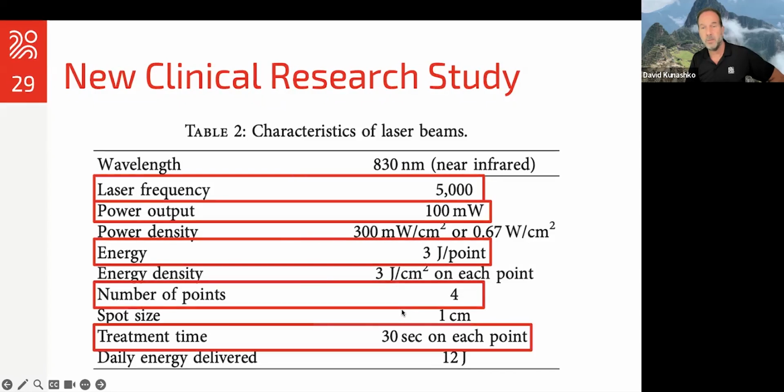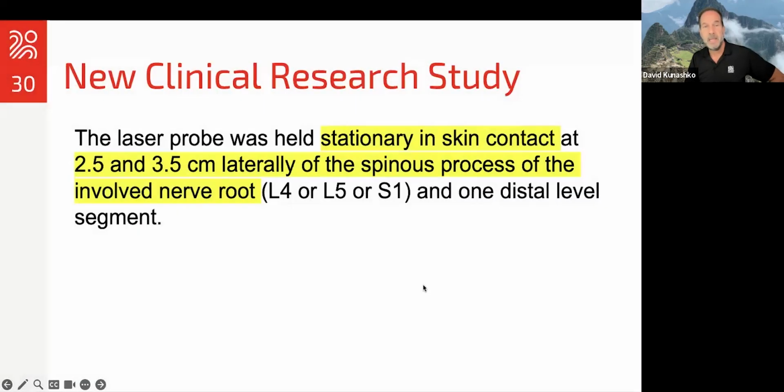Let's quickly go through that. The laser probe was held stationary on skin contact. Again, another super important point. Almost all clinical research trials, when they're doing laser therapy, they touch the skin, right? So that's really important because most of the energy wants to be absorbed. If you don't touch the skin, up to 85% of light can reflect off, which is not great.